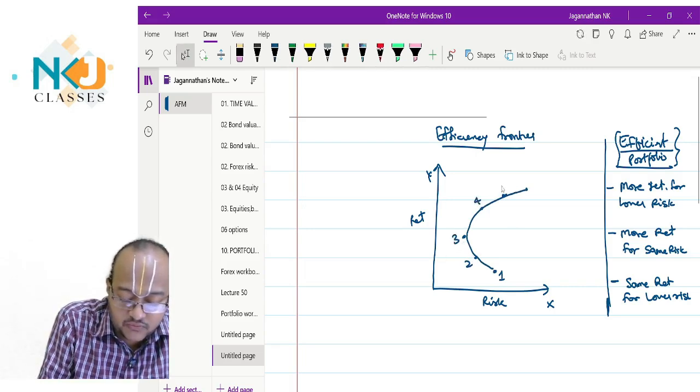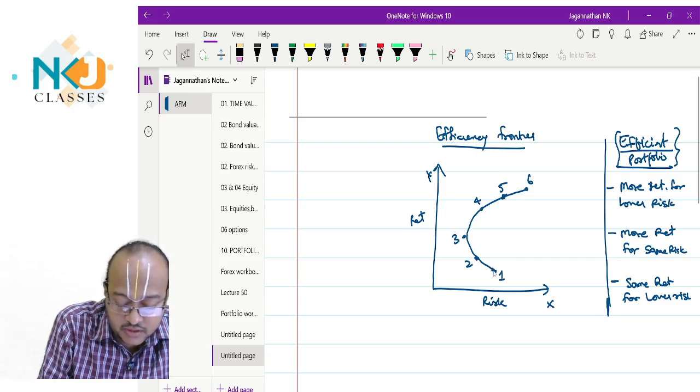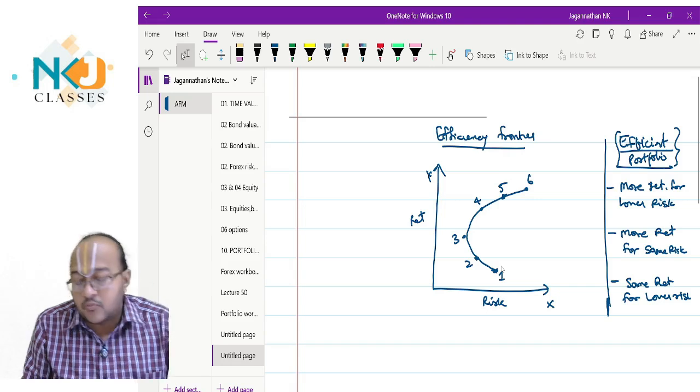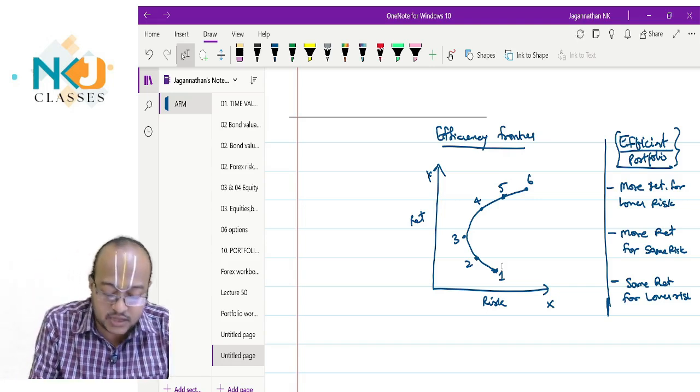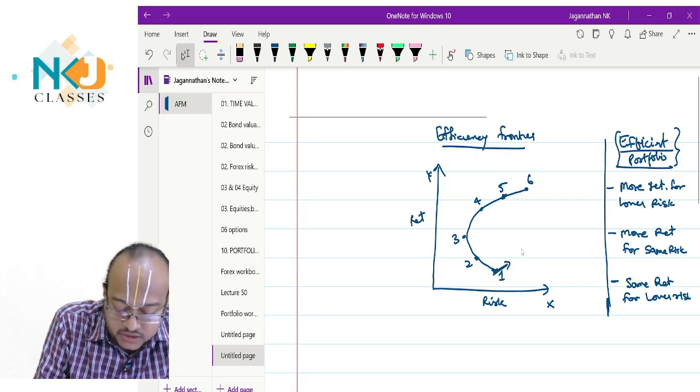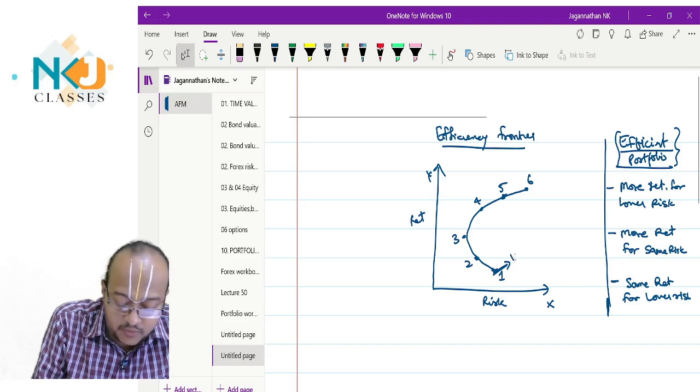Now we need to check which portfolios are efficient or inefficient. Portfolios 1 and 2 are inferior portfolios. Why? Because at point 1, what were our return and risk? 12% return, and risk was 20%. Correct?